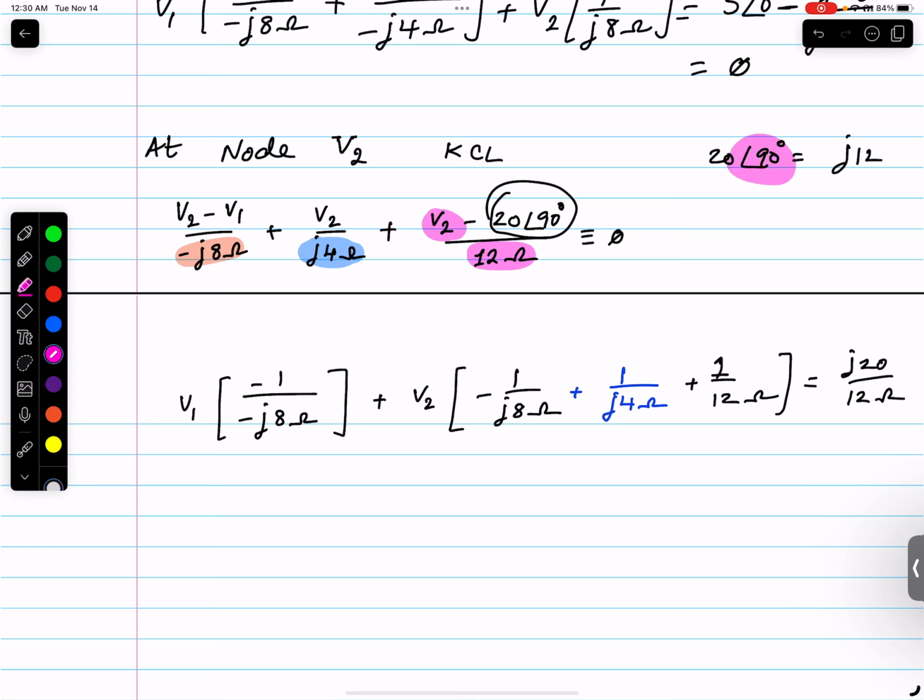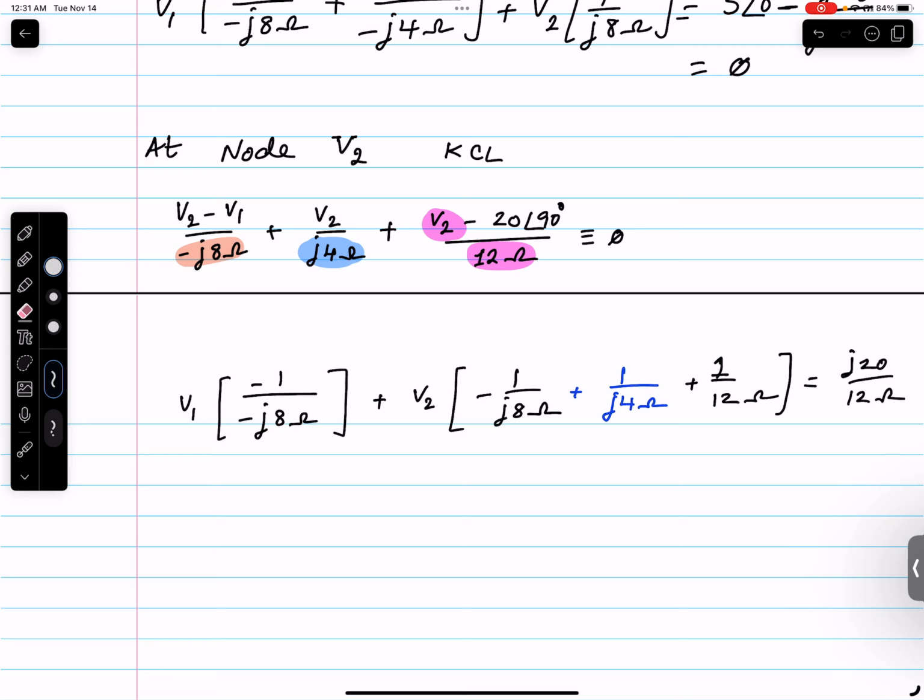Remember, when you have an angle 90, that's J. When you have an angle 0, it's a purely real part. We looked at this when we looked at the rectangular form for 1, negative 1, J, negative J. Remember? So an angle 90 degrees is nothing but J.